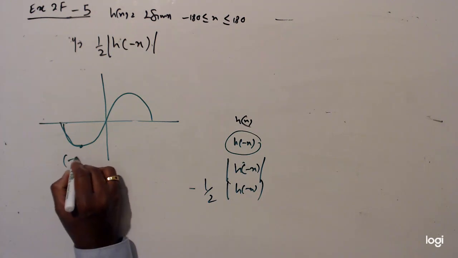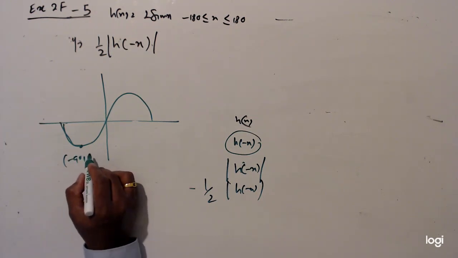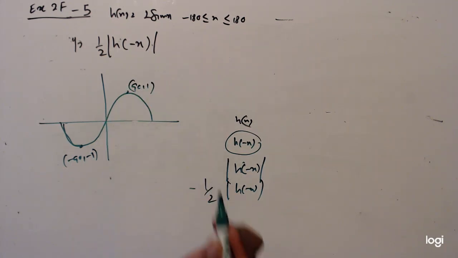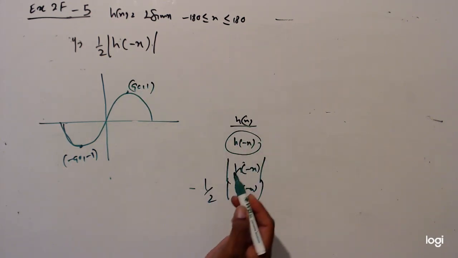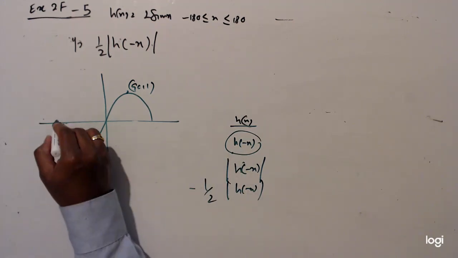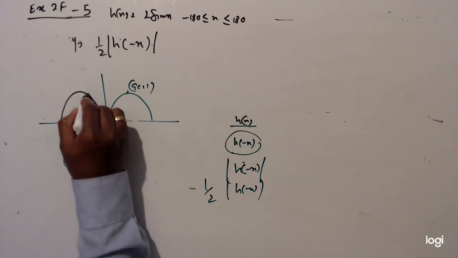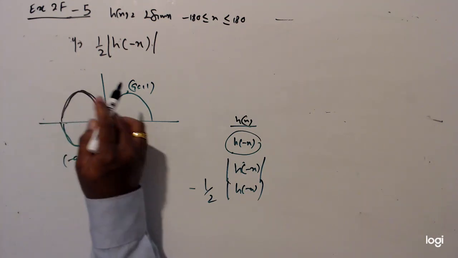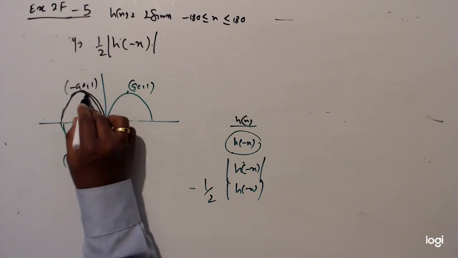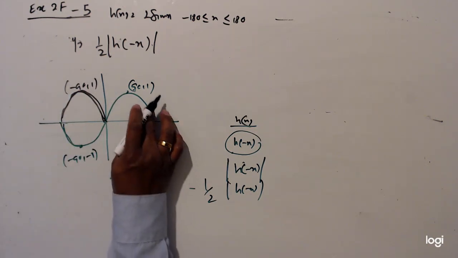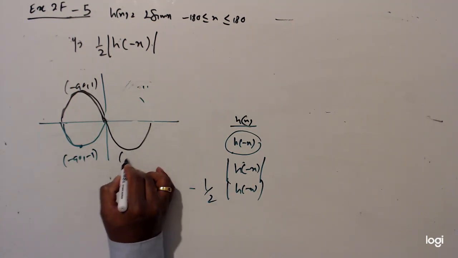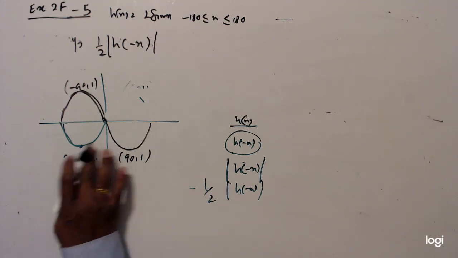In the original graph, minus 90, minus 1, so 90, 1. So this is the graph of this one. Then the mirror reflection: minus 90 goes to here, and this one to here. So it becomes 90 and 1.